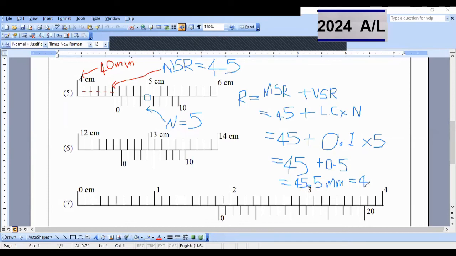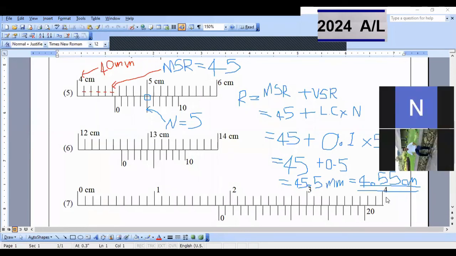If I forget to send you the dimensions past paper question with the theory that we have learned today, please send a message to class admin. Sometimes I will forget. I can remember physics, but I can't remember the other things. Right, so the final answer is 4.55 centimeter.